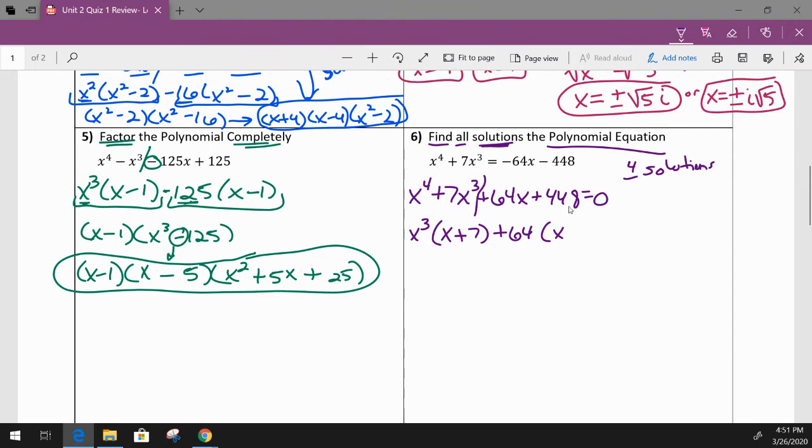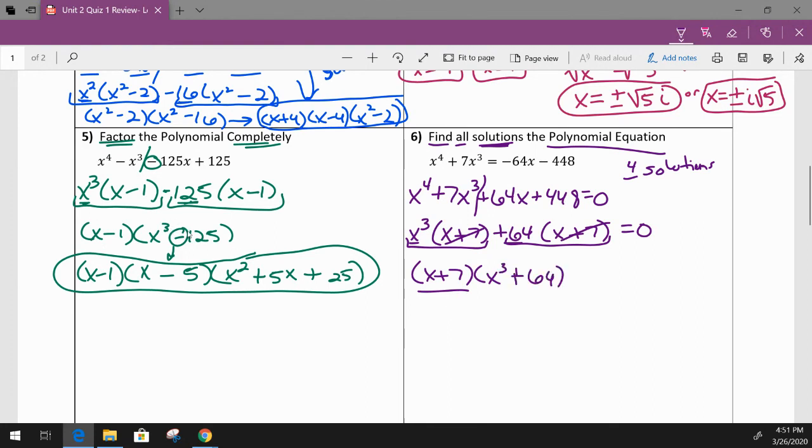And if I divide 448 by 64, I do get 7. So now again, think of this as one term. Think of this as one term. They both have the x plus 7 in common, which means we're going to factor it out right here and put the x to the third plus 64 in parentheses.